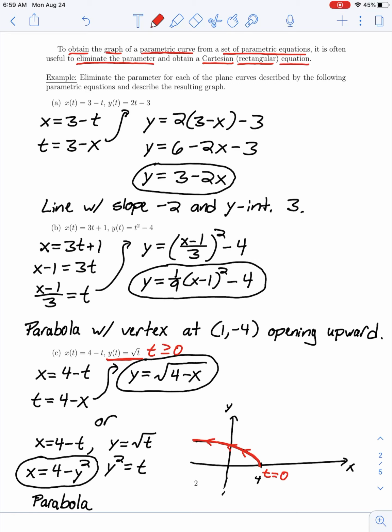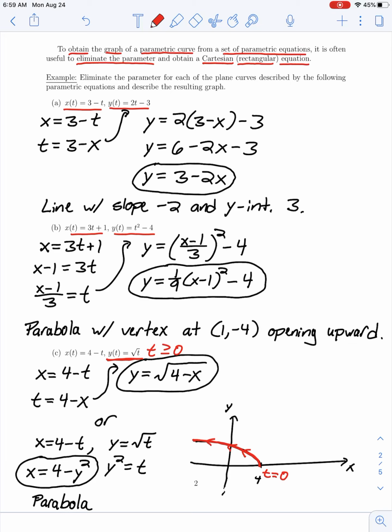So thinking back to our earlier examples in parts A and B, we'll notice that the parametric equations in parts A and B were polynomial functions of t. So their domain is all real numbers. There was no restriction on that parameter value t.